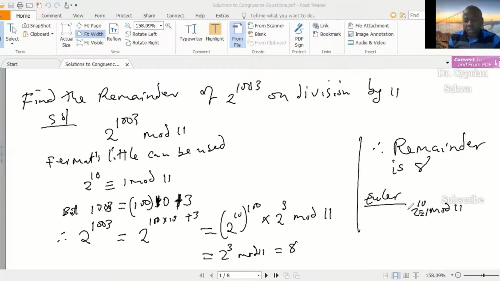So 2^10 is congruent to 1 mod 11. This is what Euler says. So we would proceed from here the same way and find the remainder as 8.